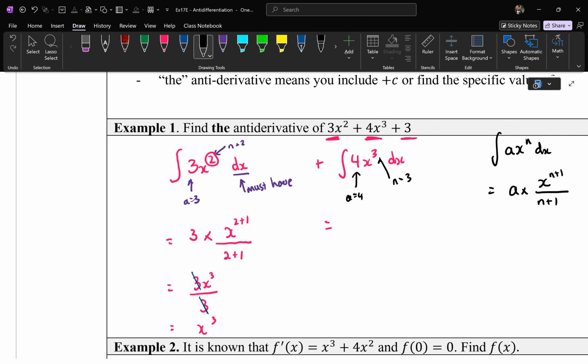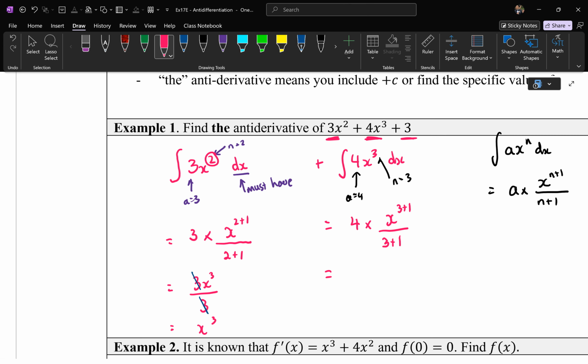According to the rule, A stays the same because it's a constant. It's a dilation factor, so we keep the 4. Times, now the power is 3. So if you want to go back to what it was before you derived it, it should be x to the power 3 plus 1. But in the power rule, we times whatever that number was. So if you're going to times it, you have to divide it. 3 plus 1. So divide by 3 plus 1.